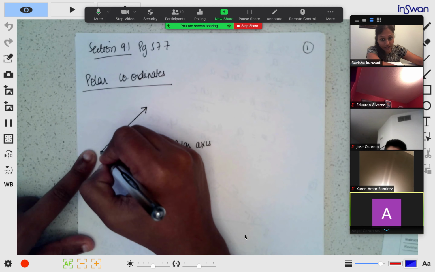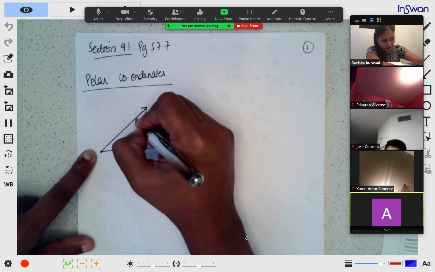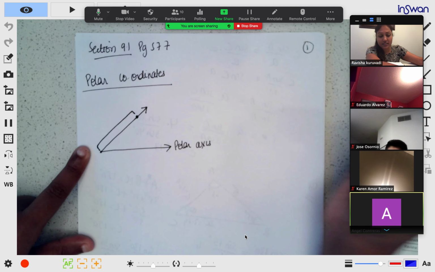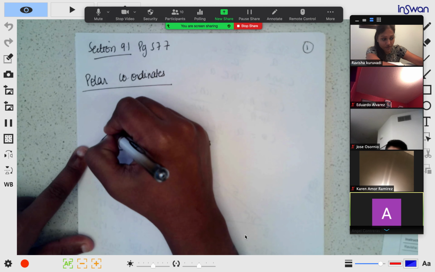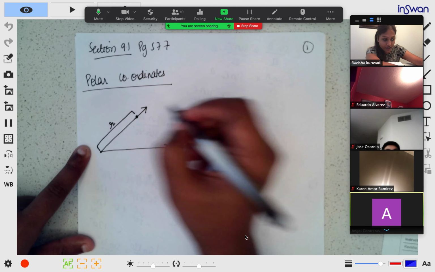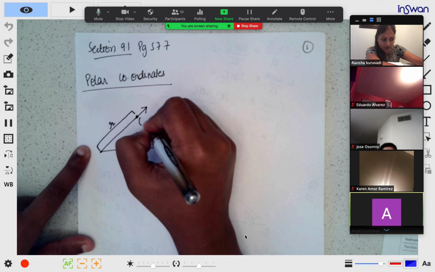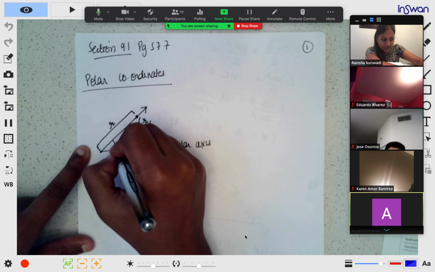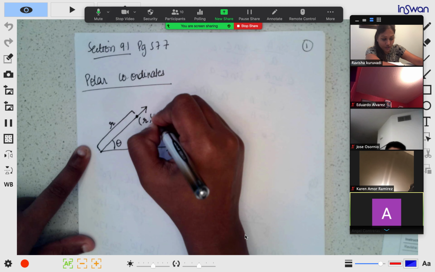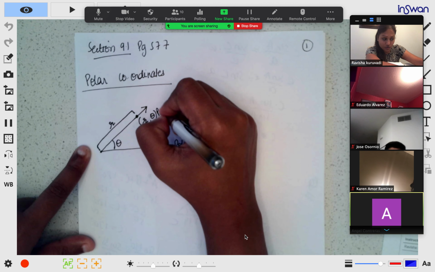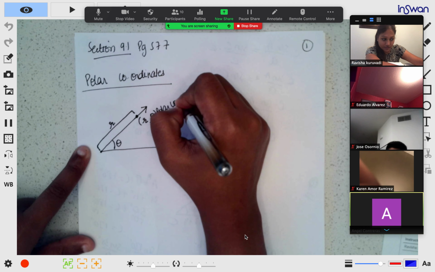From this point to some point here, this distance is known as r. The coordinate of this point will be r and whatever angle theta they are making, and this is known as a polar coordinate.